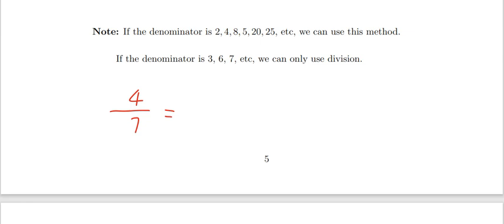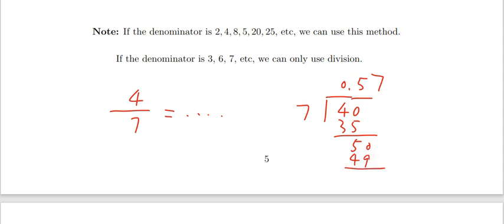So for this one, we have no good way, just use division, right? So 0 point, just like that. So 5, and then 7, 49. So we can only use this way, right?